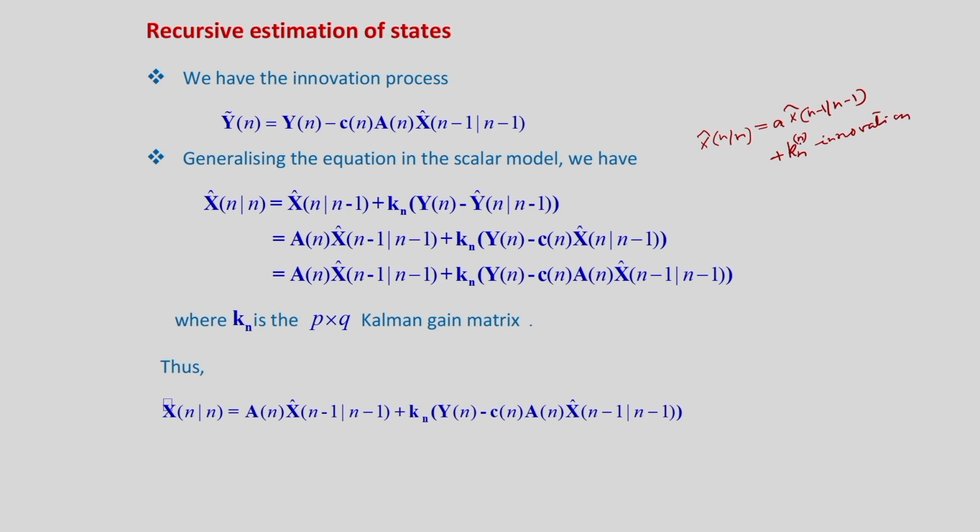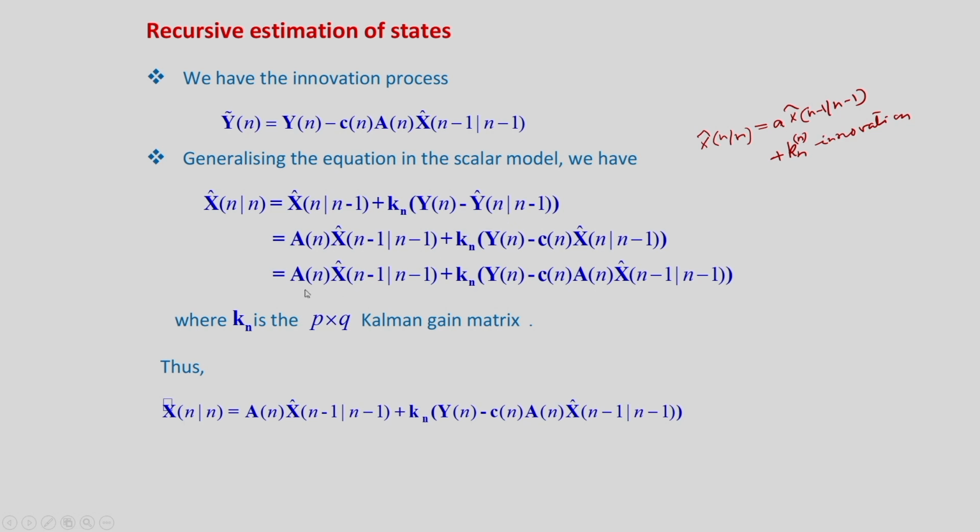And here we omit this superscript n, so simply we write k n. Therefore, x hat n given n, in this case it will be a vector now, is equal to that predictor part, x hat n given n minus 1, plus a correction based on the innovation, that is k n times y n minus y hat n given n minus 1.